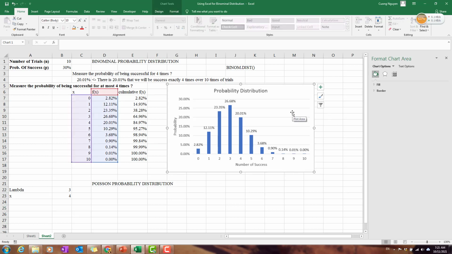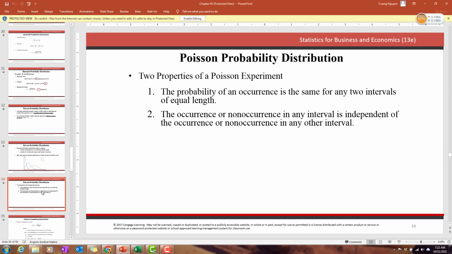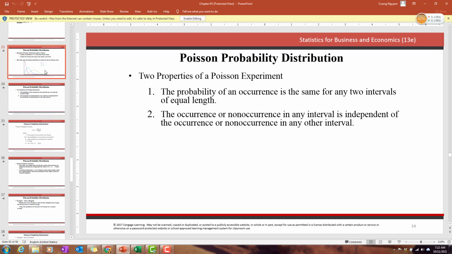So yeah, you can see this would be the way for us to measure the cumulative function of success probability. Now, in the same way, I can also apply the Poisson probability distribution. For example, in the one that we already talked about, we had the lambda of 3, right? And x will be 4, equal to what we already have in the Poisson distribution.